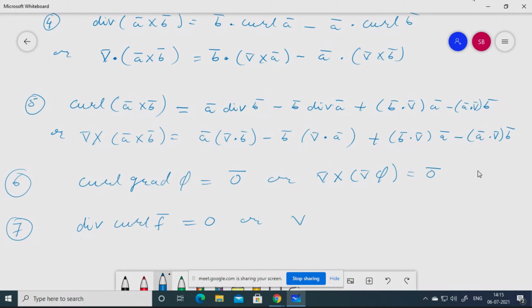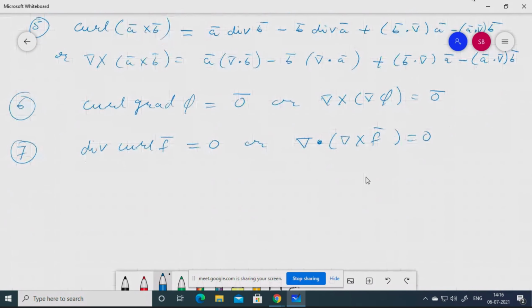Okay, or in notation form, this is del dot del cross f bar is equal to 0. And if we say divergence of some function is 0, that function is called solenoidal. So here curl f bar will be solenoidal if this happens.